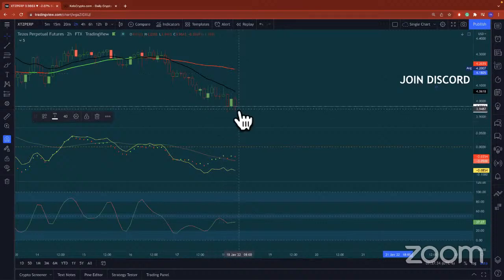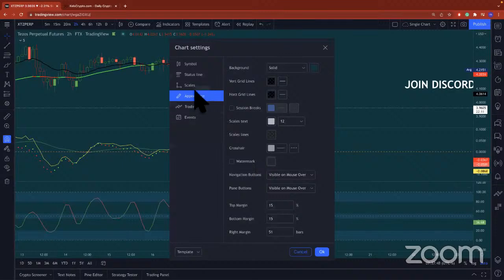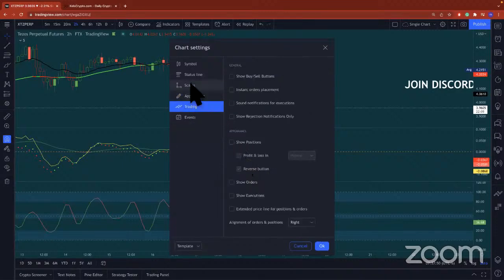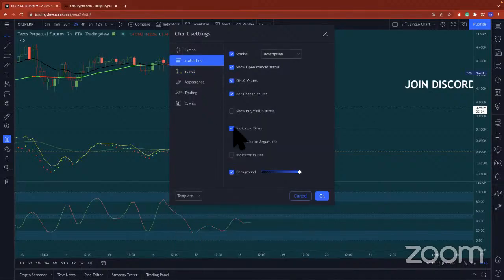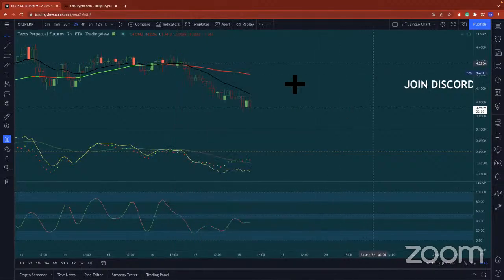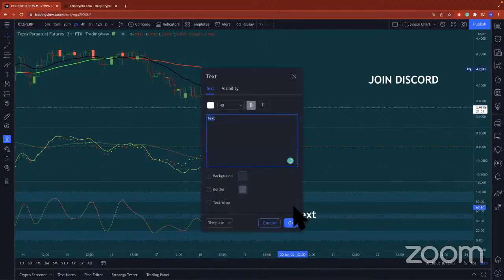I stick with the 2 hour chart as the trend direction, and I look at the mom indicator down here. Let me title them. The bottom one is going to be the mom.